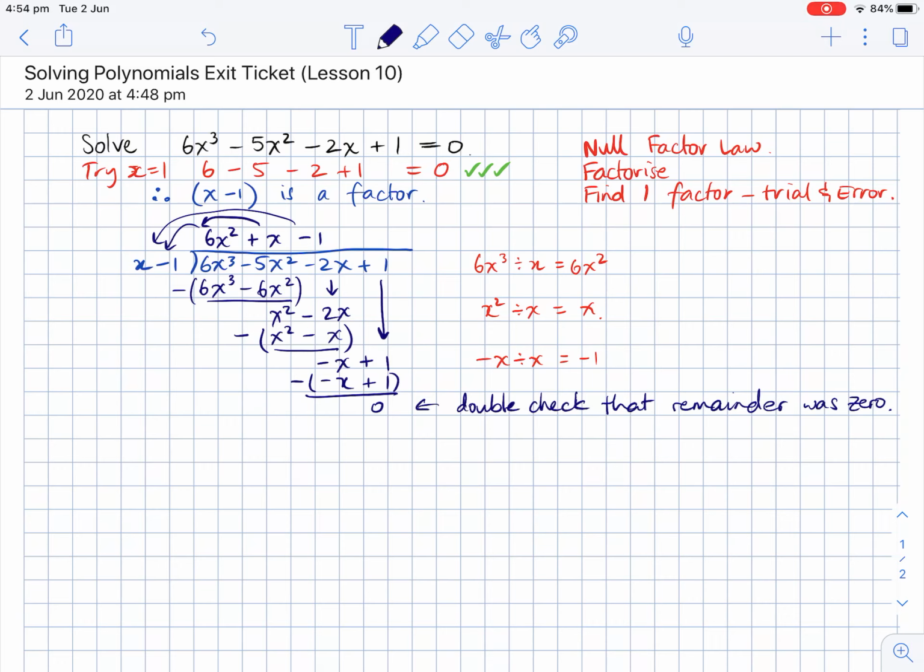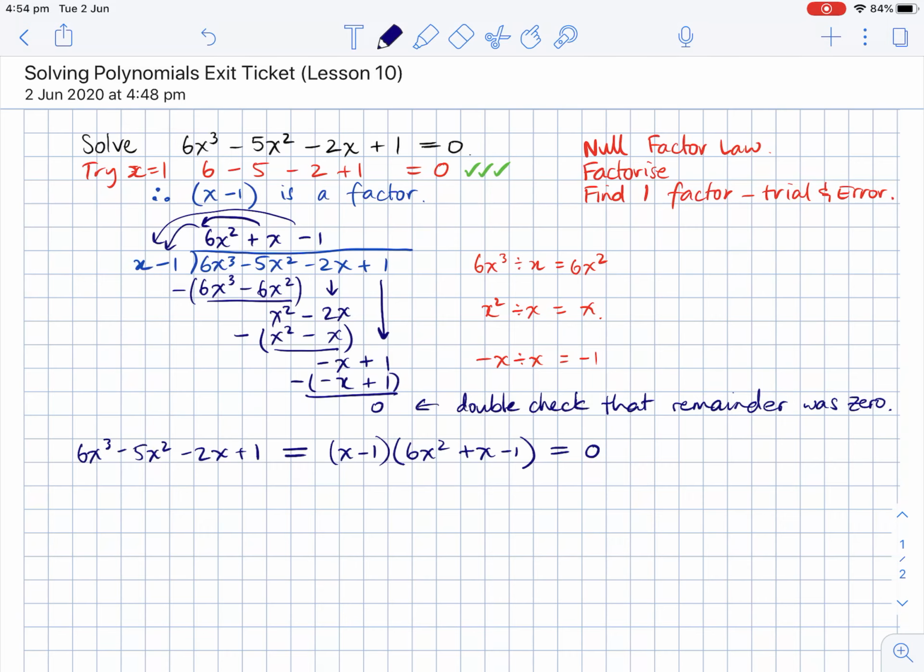Okay. So now I can say that 6x cubed minus 5x squared minus 2x plus 1 is the same as x minus 1 times 6x squared plus x minus 1, and it's the same as 0.